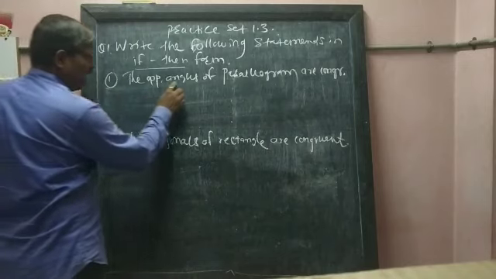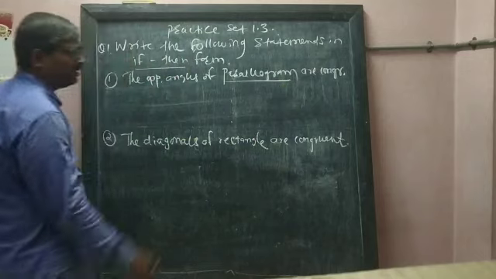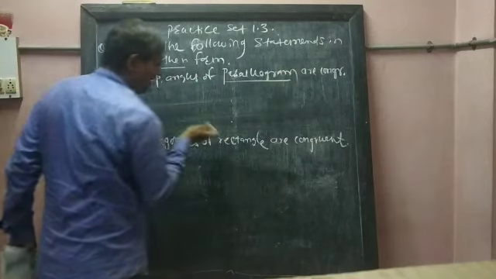So, what is told? The opposite angles of parallelogram are congruent. Means we should take this front side part first.